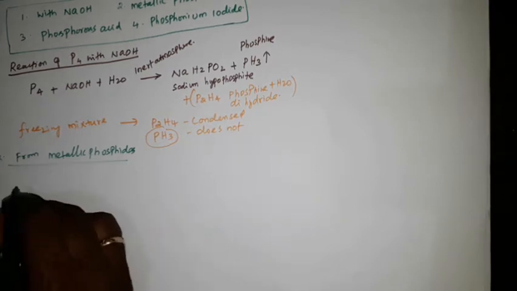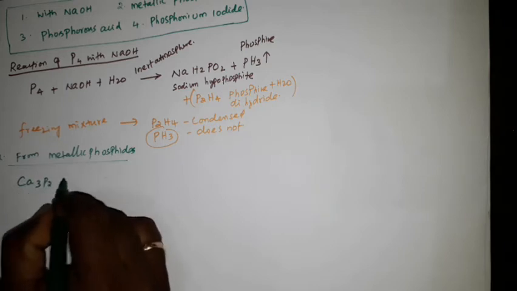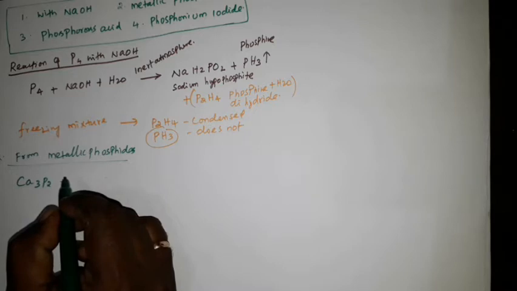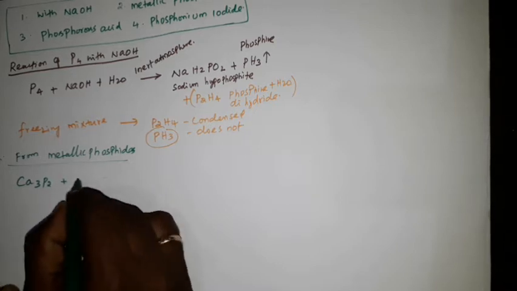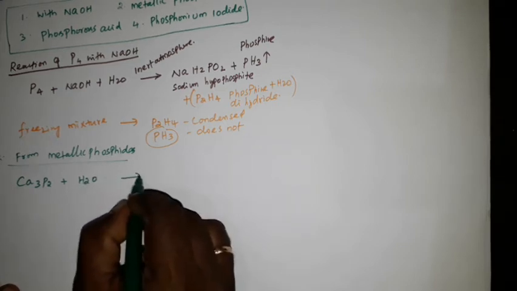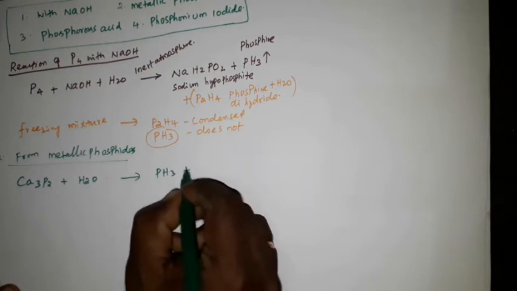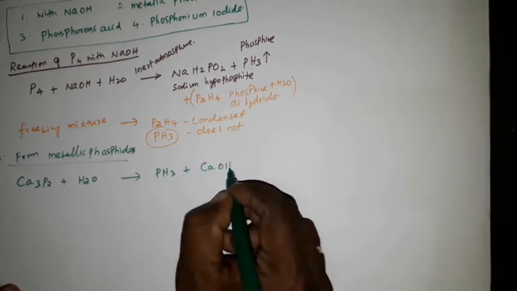So we are taking calcium phosphide, Ca3P2. We are adding water or some dilute mineral acids. So we will get phosphine, PH3, plus calcium hydroxide as the byproduct.